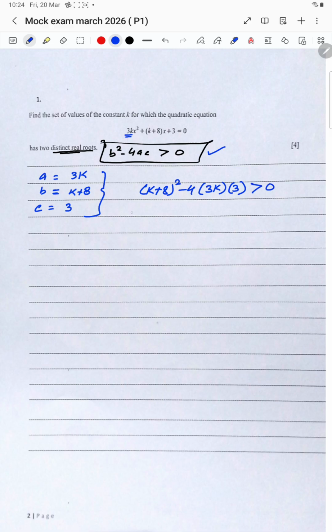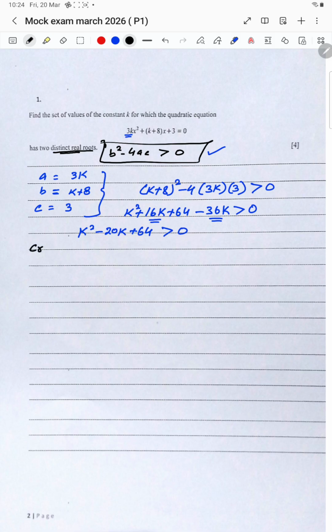We can expand it: k square plus 16k plus 64 minus 4 times 3 is 12, 12 times 3 is 36k, bigger than 0. So we have k square minus 16k minus 36k becomes minus 20k plus 64 bigger than 0. Now we have to solve this, preferably by critical solution.